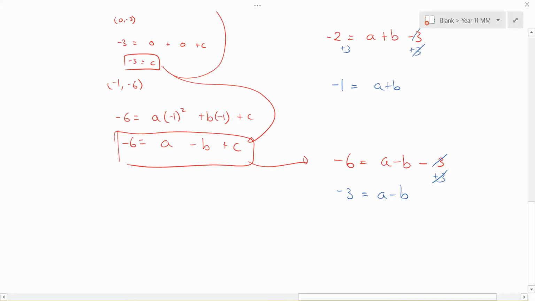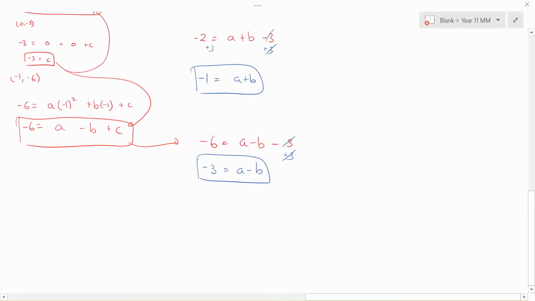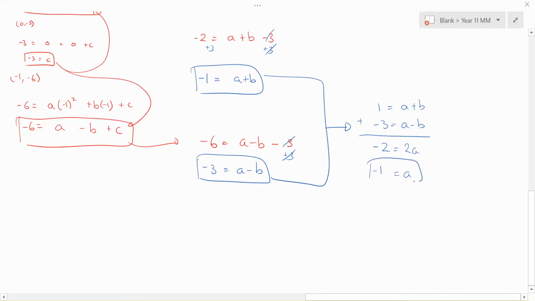Alright, so now I've got two equations, and I can do the elimination method to try and solve this. So let's have a go. We've got negative 1 equals a plus b, and we've got negative 3 equals a minus b. I'd say add both equations. Negative 1 plus negative 3 will give you negative 4. A plus a is 2a, and b plus negative b cancels out, so a must equal negative 1.